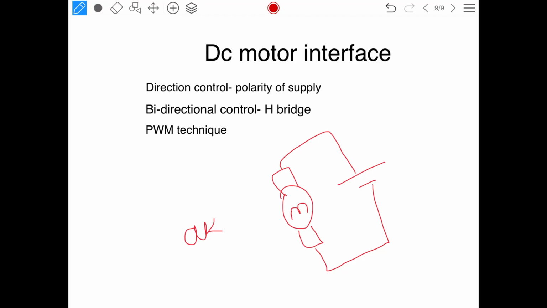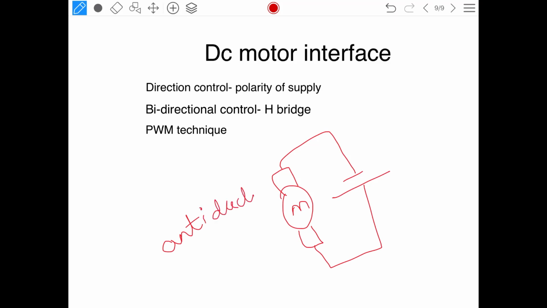If at the same time to the same motor I connect a power supply like this, the motor will rotate in anti-clockwise direction. So, by changing the polarity of the power supply, you can change the direction of rotation of a motor.